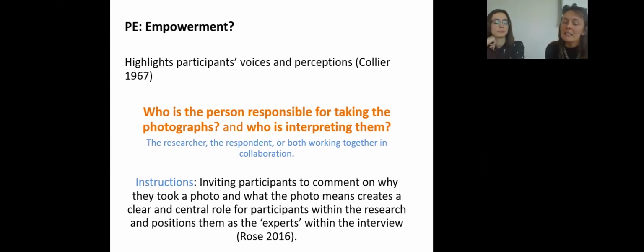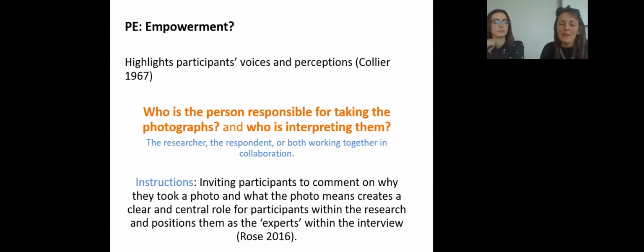And I think this is where the question of empowerment comes in terms of whose voice are you highlighting? Are you going to foreground your participants' voices, or are you going to also deconstruct and analyse the photo and compare perhaps what's going on in the photo from your interpretation to that of the participants?